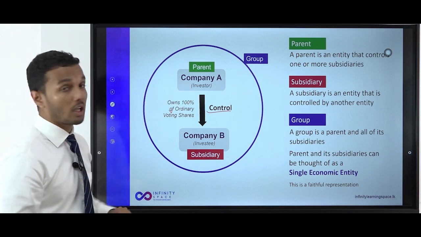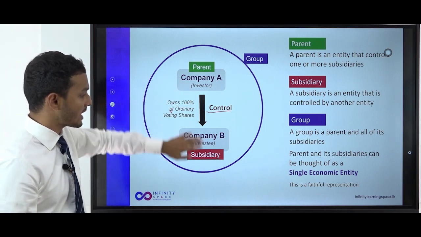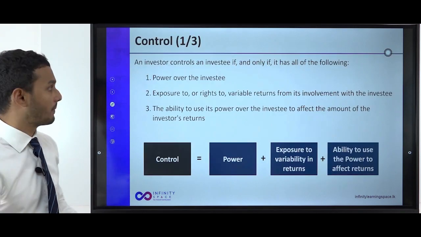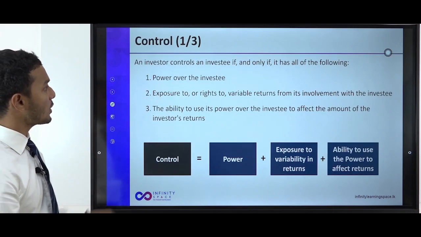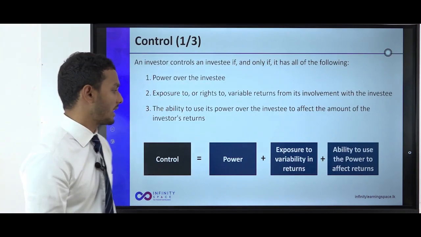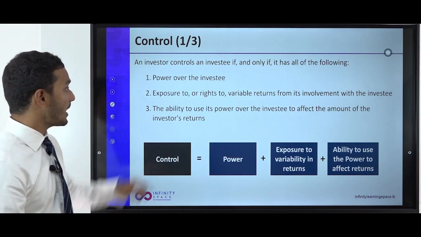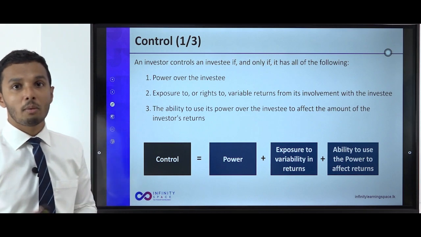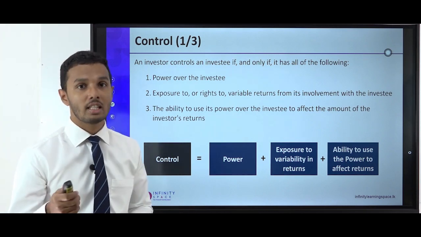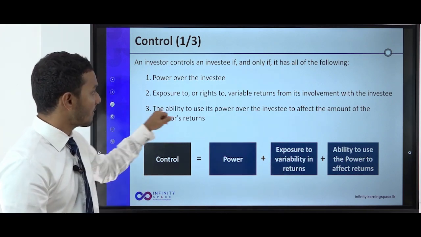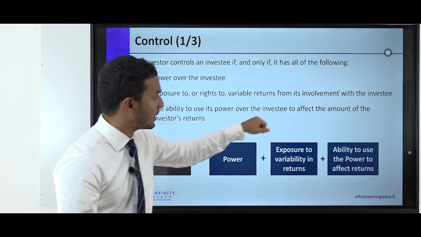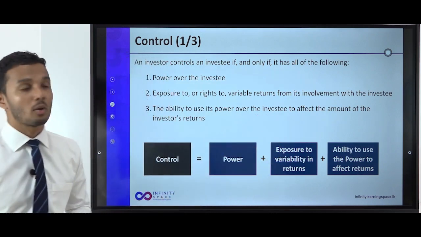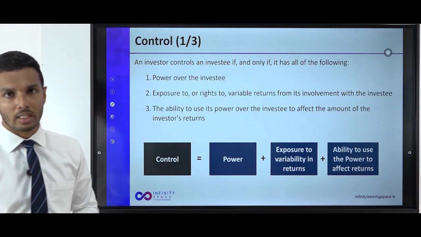So we are going to call him investor. He has invested in the shares of investee, right? So the investor needs to have power over the investee. That's the first requirement. Then exposure to or rights to variable returns from his involvement with the investee. The last one, the ability to use its power over the investee to affect the amount of investors' returns, right?